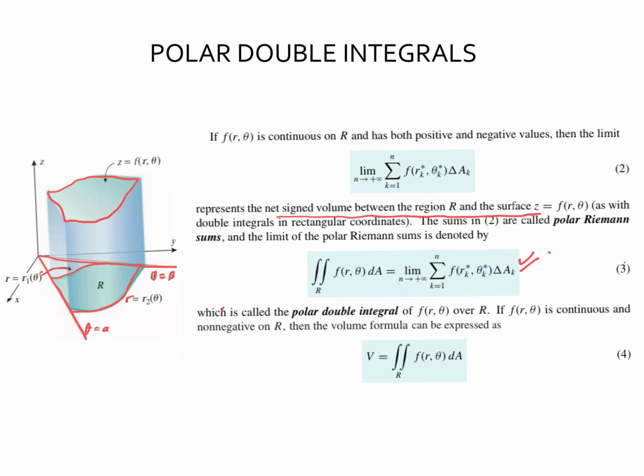If the surface is continuous and positive on R, then we can use the formula to calculate the volume. So this one is the formula, which is the double integral in polar coordinates.